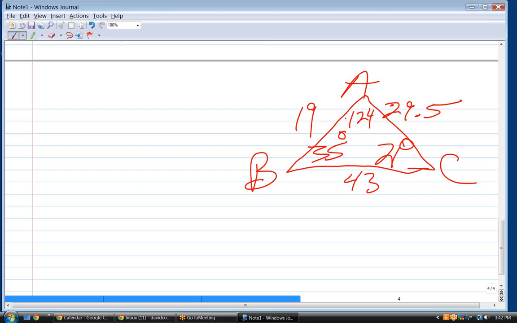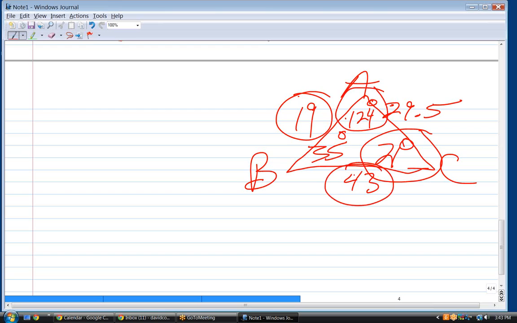Okay, now does this picture look okay? It passes the first smell test. In other words, I've got the smallest angle opposite the smallest side. I've got the biggest angle opposite the biggest side. So from that perspective, I'm going to go with this answer.